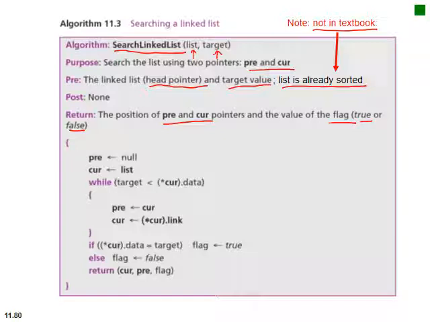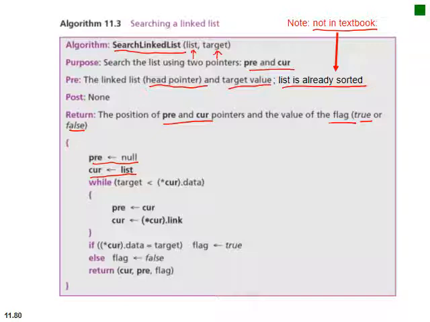Okay, so when we start with this algorithm, we know we will have to start with the first node, which we know by now pre will then have the value null and current will have the value of list. Remember, list is just the head pointer pointing to the first element, so that is the same as assigning list to current.